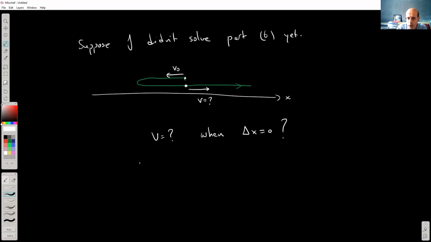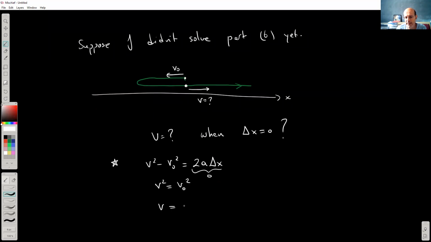Okay, 2 points, 2 equations. I can use this one, because since the displacement is equal to 0, this is a very special situation. So in that case, since the displacement is 0, I get 0 in here. That means the final velocity squared is equal to initial velocity squared.